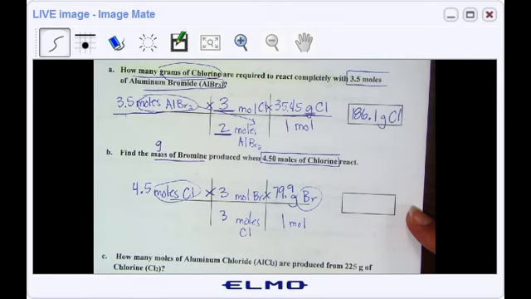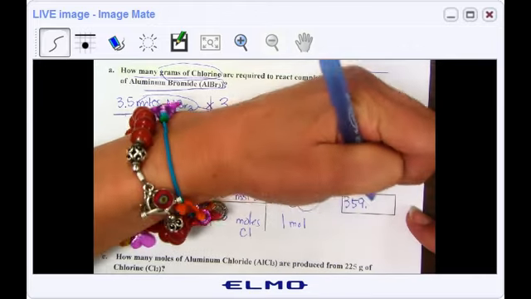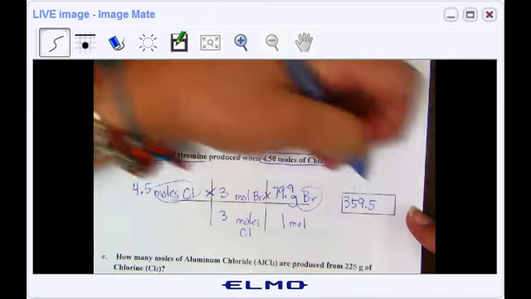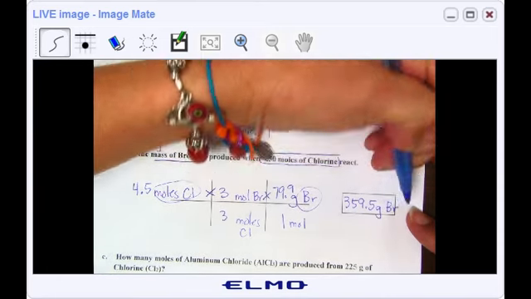That gave me 1078.65. But I need to divide by what's in the bottom, which is 3. My final answer is 359.5. It wanted grams of bromine.